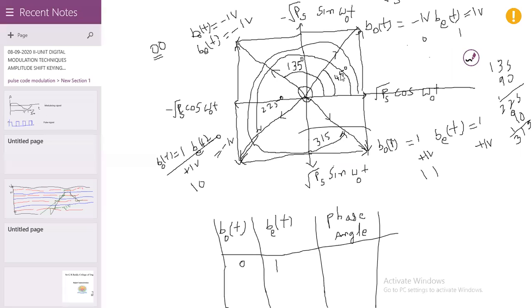How much is that phase angle with the reference carrier? Please tell me. Please respond. Hello? 45 degrees, ma'am. Very good. That is 45 degrees, which is pi by 4.